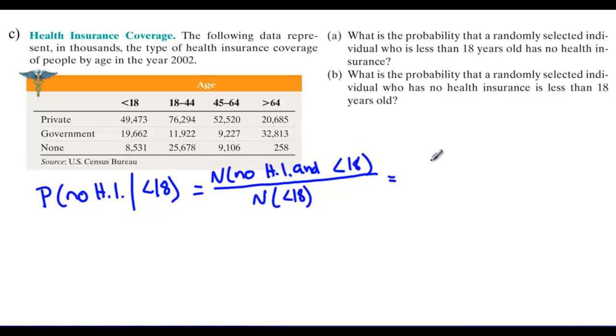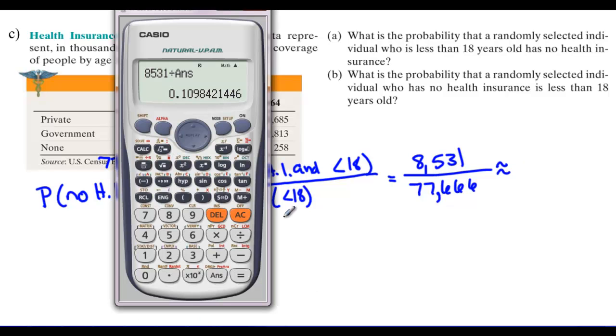So this is going to be 8,531 over, and the number of under 18-year-olds, if we were to add all these up, we're going to get 77,666. And that will be approximately equivalent to 0.1098.